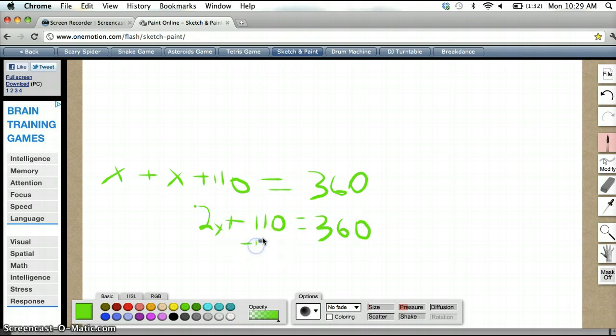So we subtract 110 from both sides, leaving us with 2x is equal to 250.